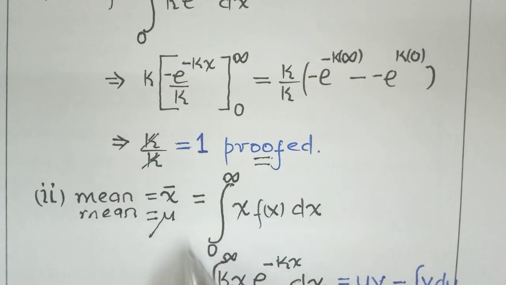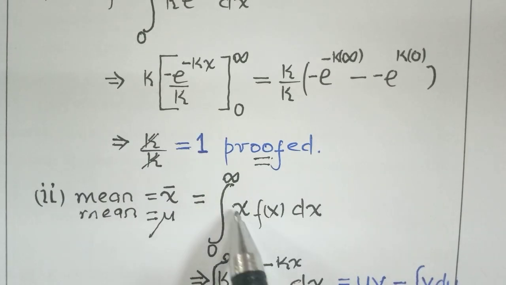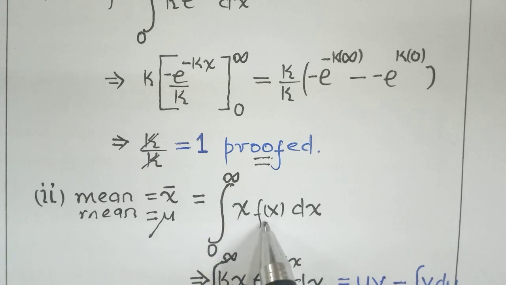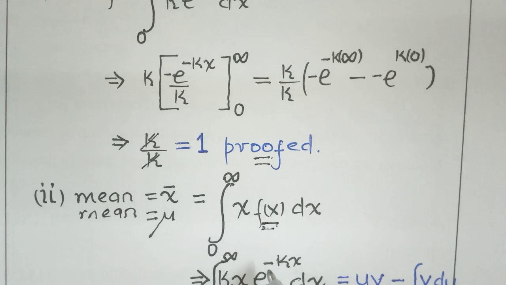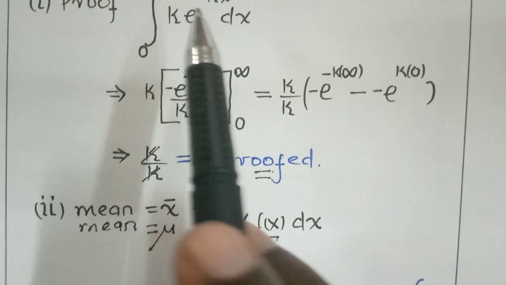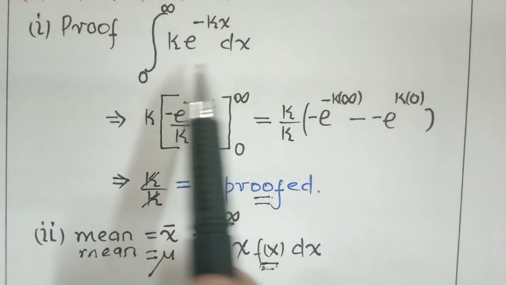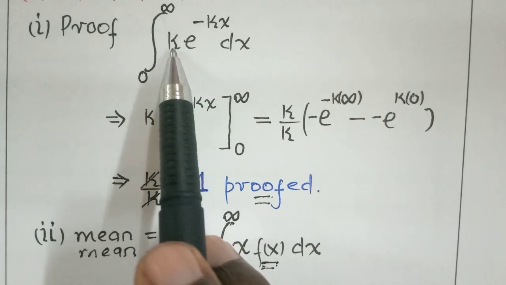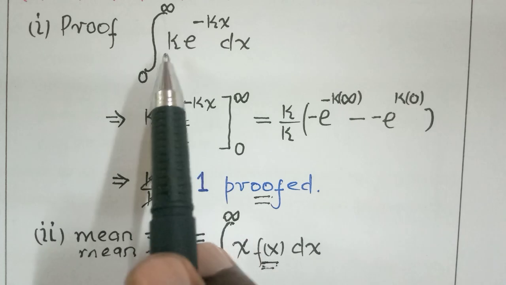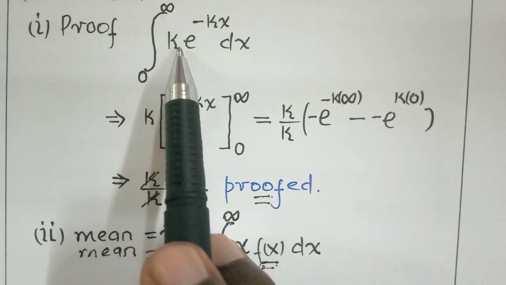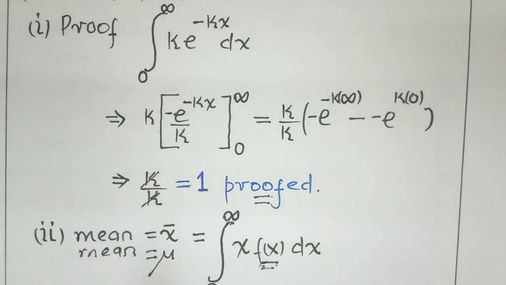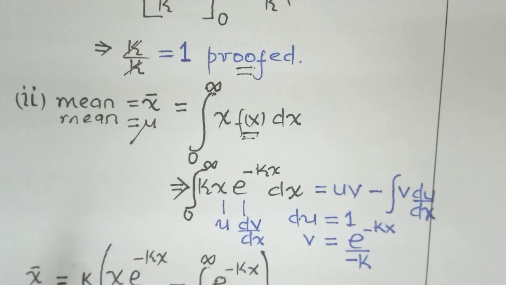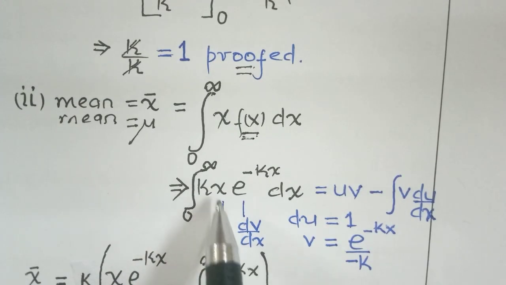This is the general formula of the mean, whereby we multiply x by the function that has already been given, that is the PDF. Our function was ke raised to negative kx. So now we are going to have kx e raised to negative kx. This is now our function, guys.